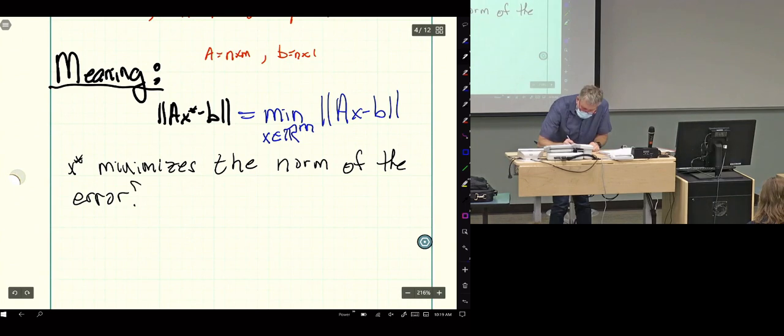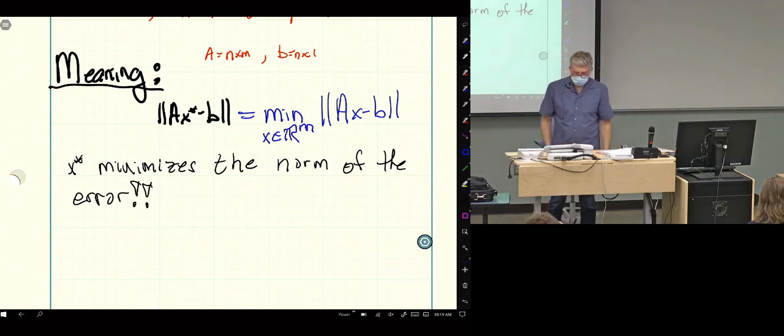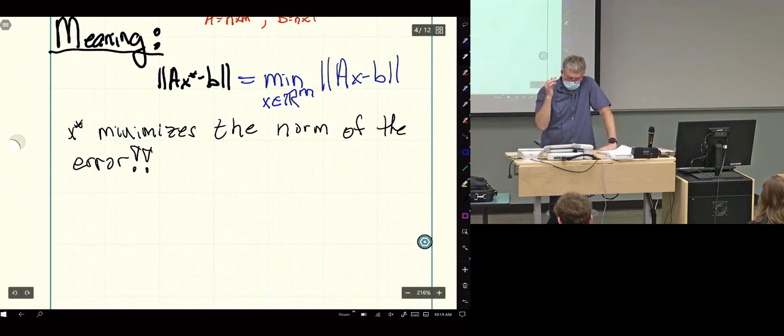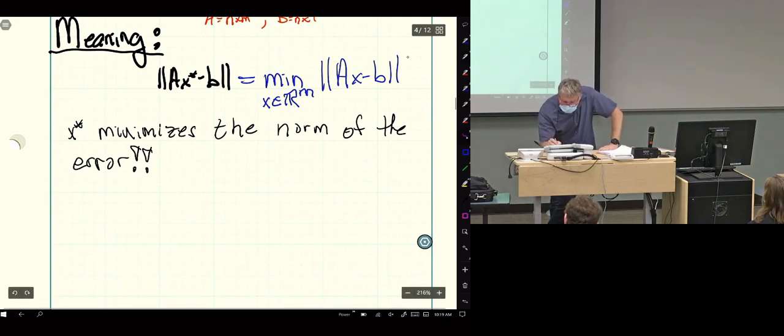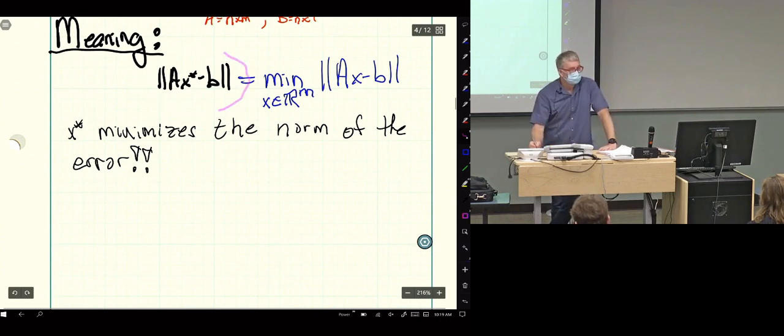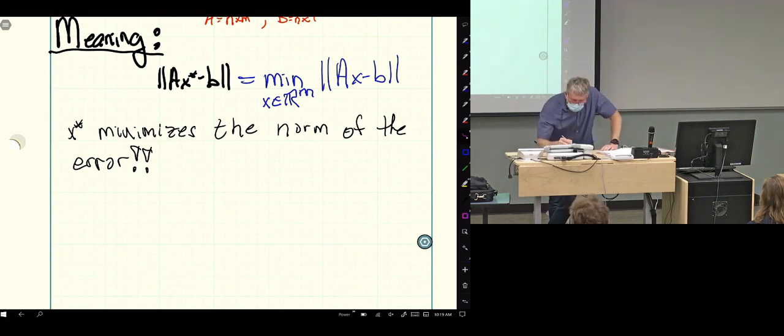And this deserves an exclamation point, maybe two of them. Now, this notation, this is the error that's being minimized over all points in Rm, and this is the resulting value of the error. I want a notation that tells me I'm looking at the x star now.